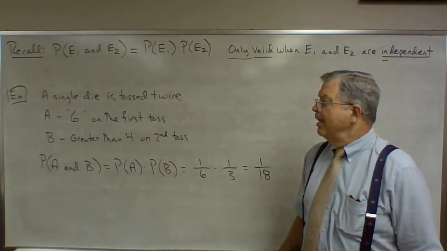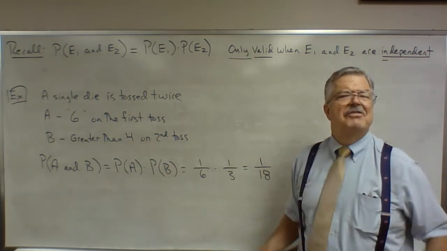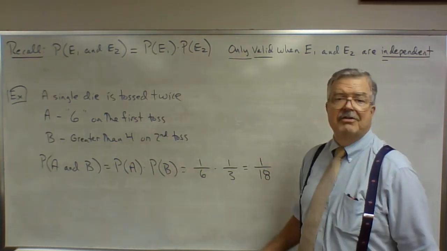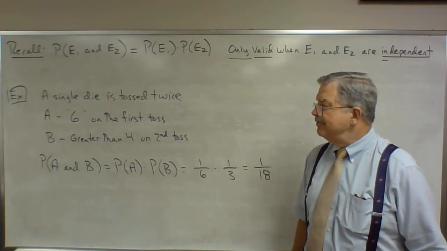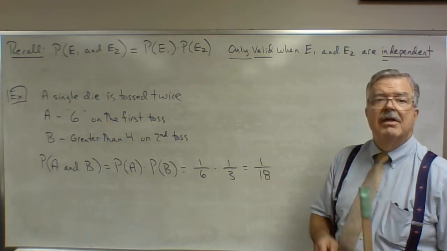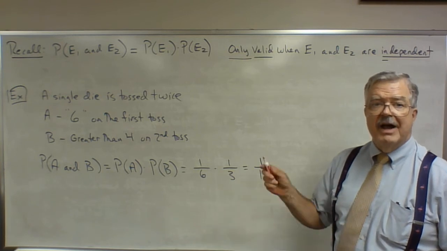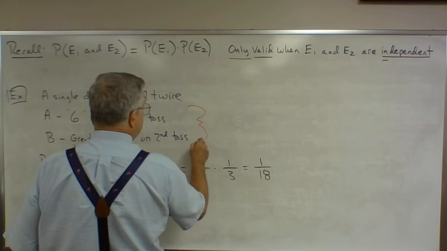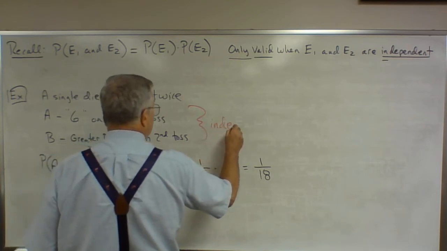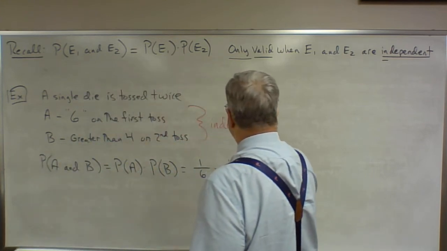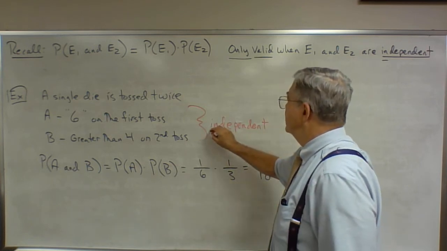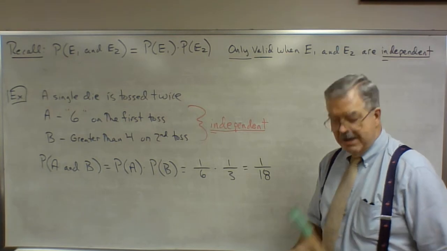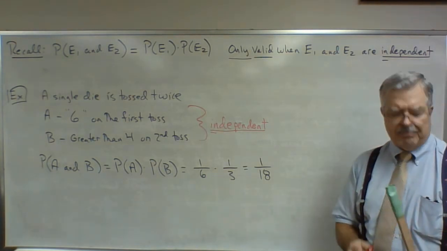No. What I get on the second toss has absolutely nothing to do with what I got on the first toss. These two events are independent. So we were justified in using this formula because these two events were independent.